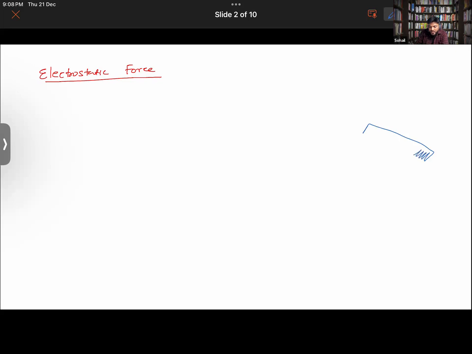Say I have a comb here. Not exactly looks like a comb, but just understand. I rub it on my hair, and when I bring this comb near the pieces of paper, the papers are attracted towards it.